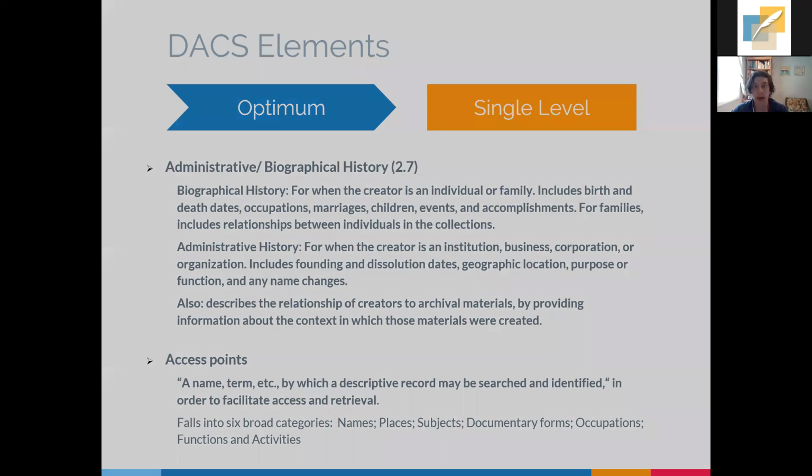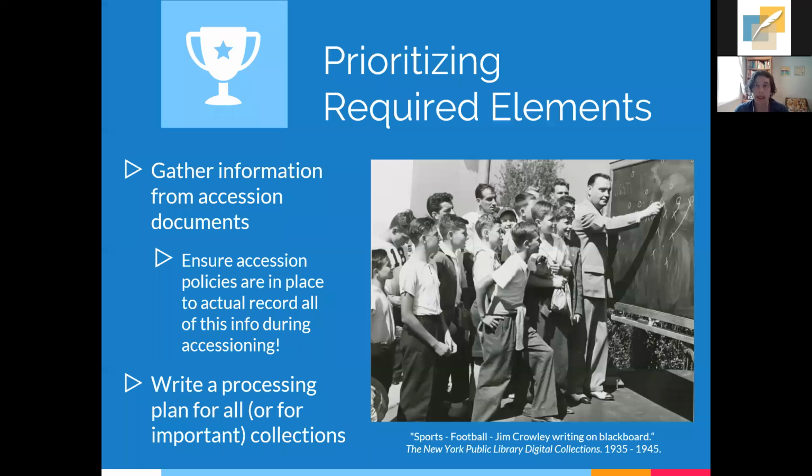Before we look at the examples, I'll just talk quickly about how we take all of this information about DACS elements and work to ensure that we can do this type of basic description. First, you can use the documentation that you already have about your collections.